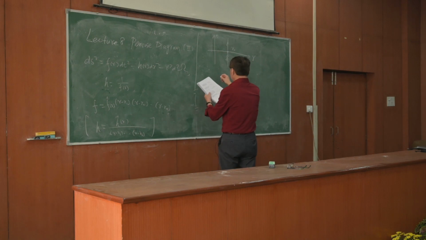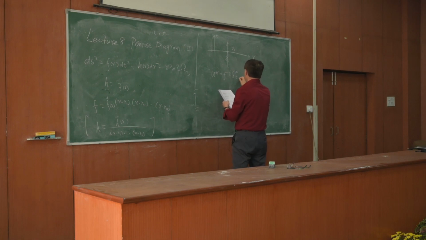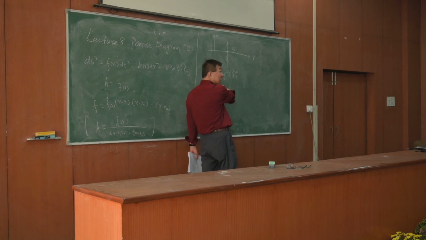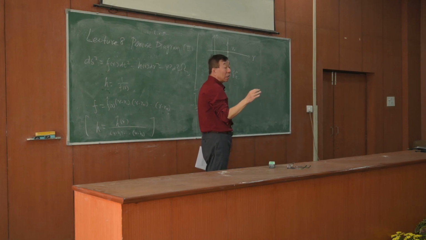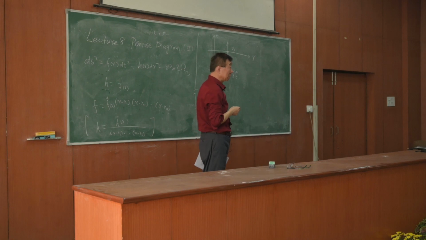So the velocity of this observer will be u^mu equals F to the minus 1/2 delta^mu_t. This is a timeline. This observer just sits at R equals constant, moving with time.